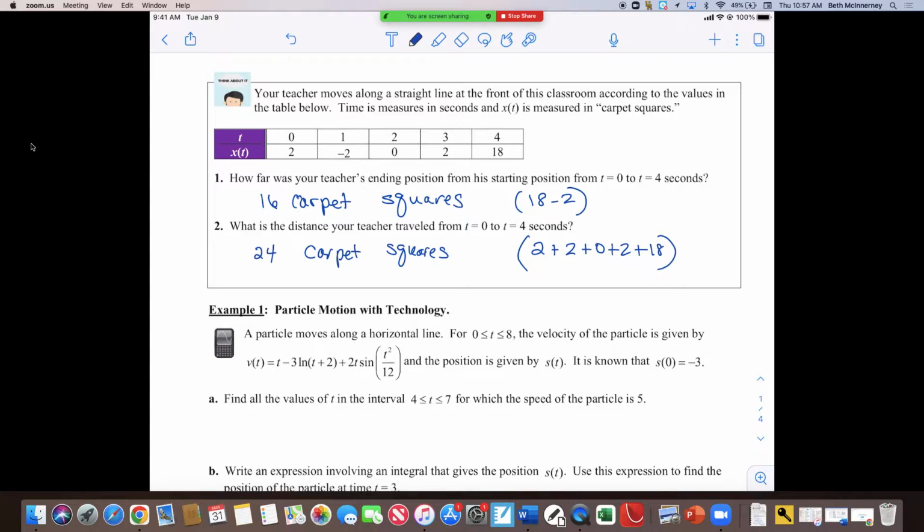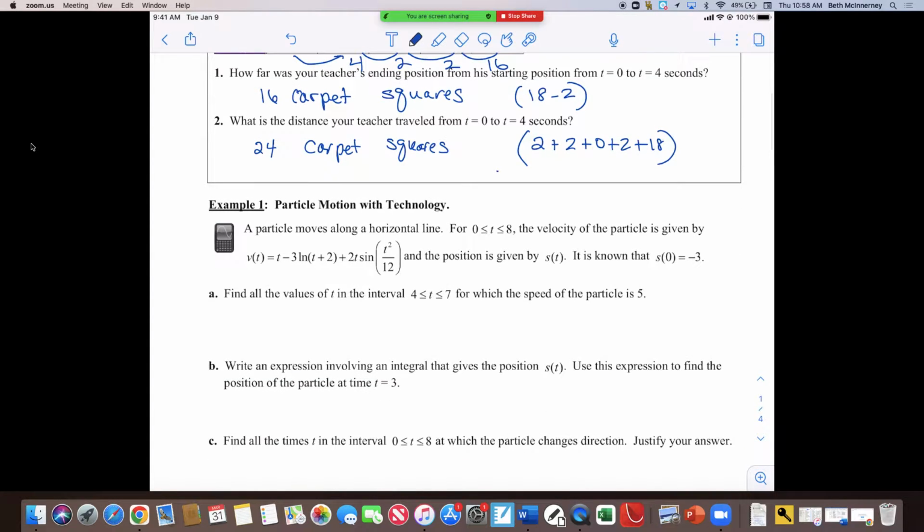Or like this: from 2 to negative 2 is 4 units. That's 2 units, 2 units, and 16 units. Could you look at it like that? That works too.